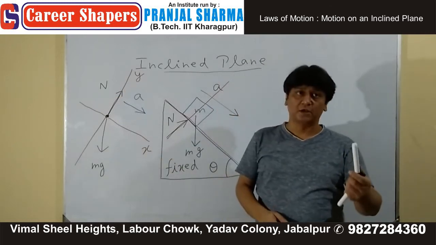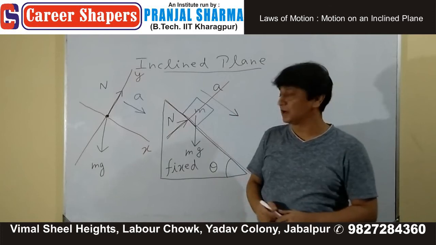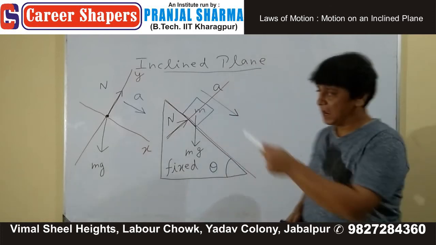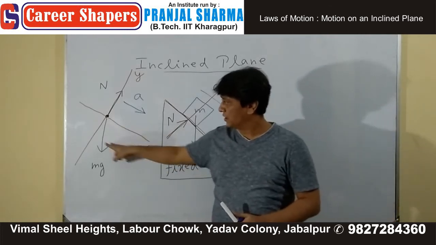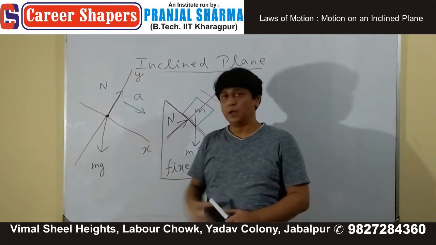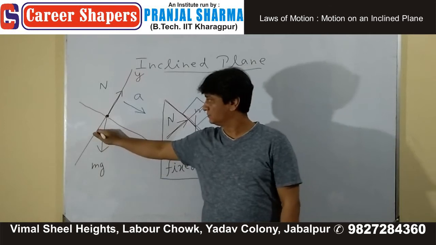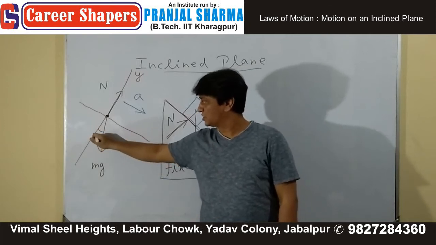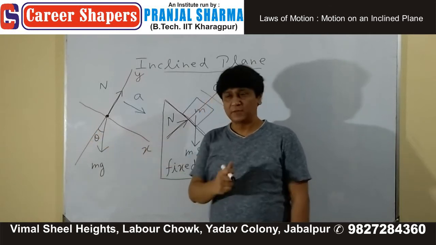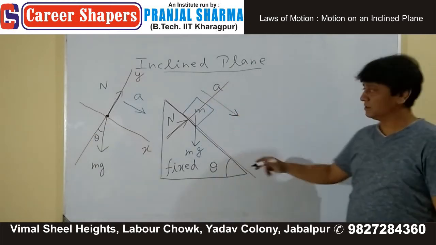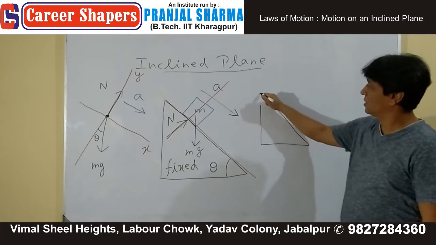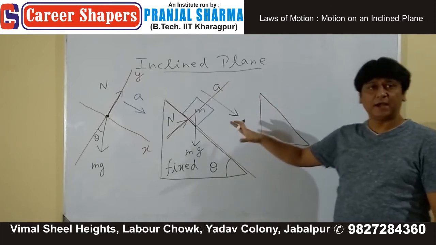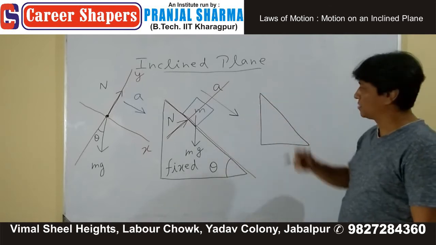Now to resolve a vector, you need to have information of the angle which it makes with the axis system. So you need to find this angle or this angle. We'll go for this. This is theta. कैसे? यहां देखते हैं. ये एक बार डिसाइड करने का, एक बार डिसाइड हो गया फिर आपके दिमाग में हमेशा फिट हो जाएगा.